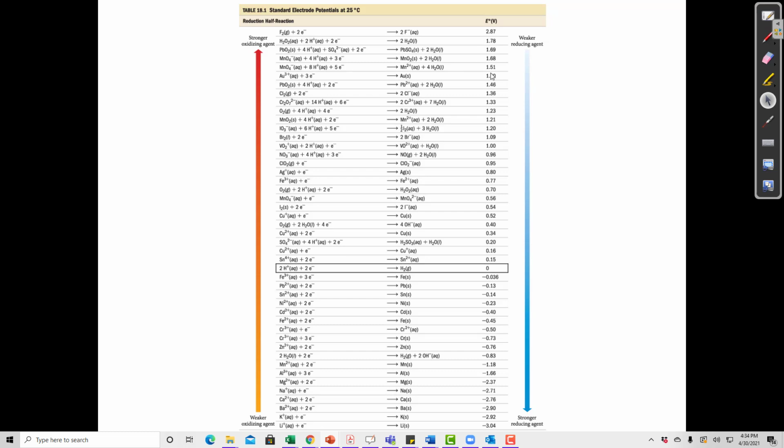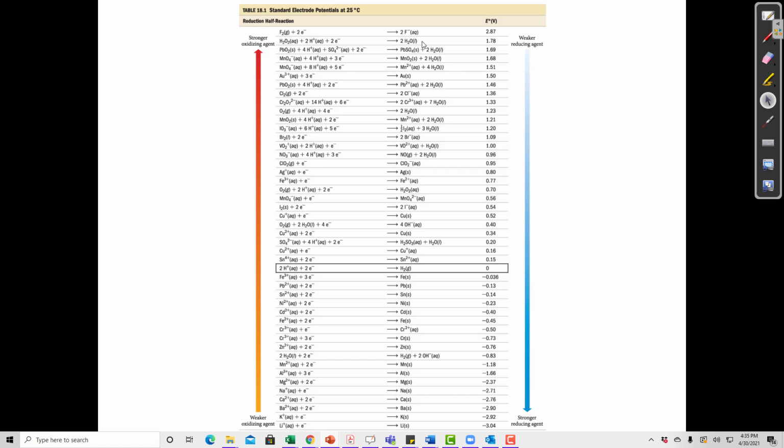So remember, when we're comparing reduction potentials, we're always comparing the tendency of two half reactions to be reduced. And whichever number is bigger says that's the reduction half. But by process of elimination, it also tells me which one is the oxidation, because if I compare two numbers, the bigger one is the reduction, and the smaller one is the oxidation.